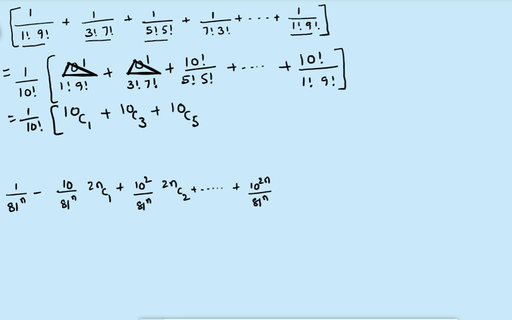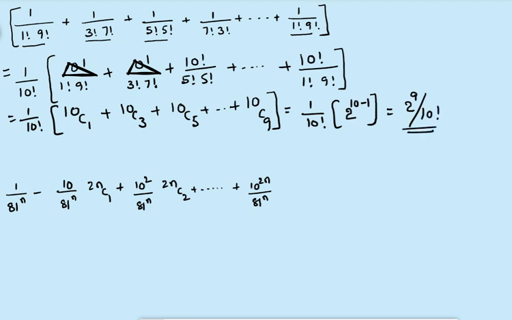The next one we can write as 10c5 plus and so on. The final one is 10c9. The sum of the odd binomial coefficients here is equal to 1 by 10 factorial into 2 to the power of 10 minus 1. I hope everyone knows this one. So that's why you will get 2 to the power of 9 divided by 10 factorial as an answer.